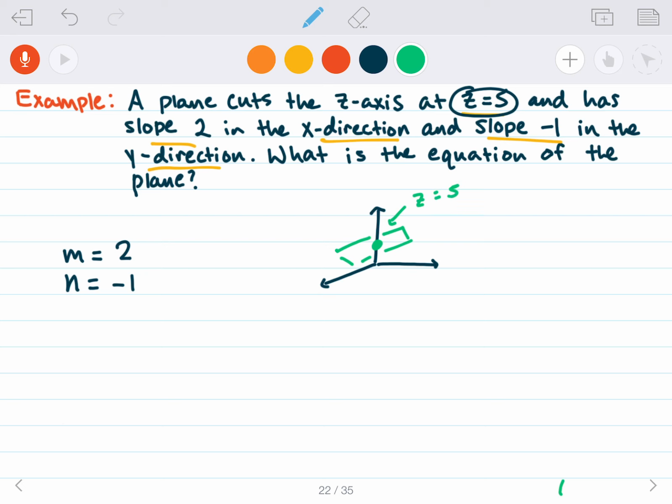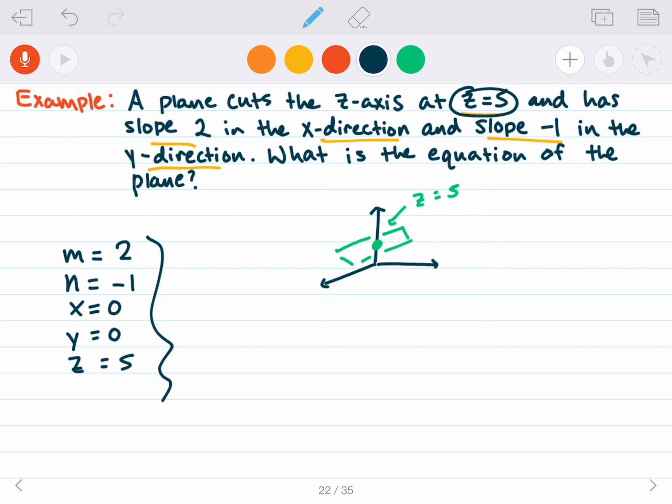If it touches the z-axis at z equals 5, what does that tell us about our x and our y values? Well, they have to be 0, right? In order for this thing to intersect the z-axis, the x and the y values have to be 0. So we have x is 0, y is 0, and z is 5.